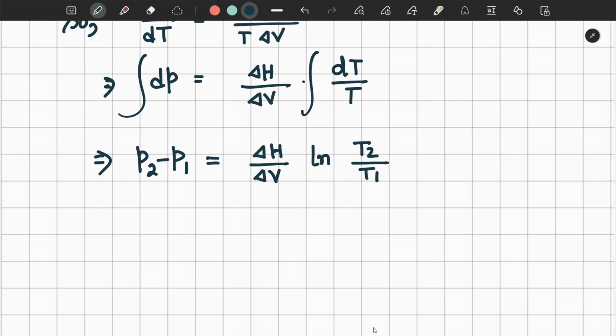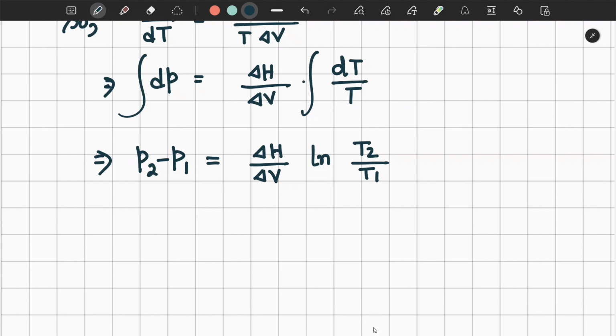This is not very difficult. It will not be totally linear, but if you consider that T2 by T1 is very small, then it will be directly linear. Clear? Okay. You just have to expand this, but this is not that important.